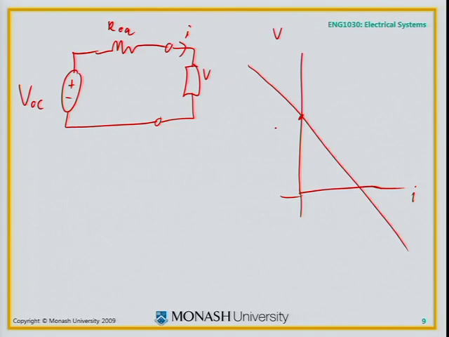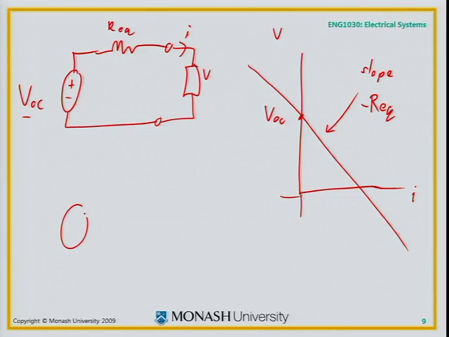VOC, that is the voltage source. VOC is that intercept. The slope, you can see, will be minus REQ. You can do Kirchhoff's voltage law and you'll see that you will get this relationship between V and I for that circuit. So it works. We would be able to choose the right value of R equivalent and the right value of VOC to exactly match our measurements that we made.